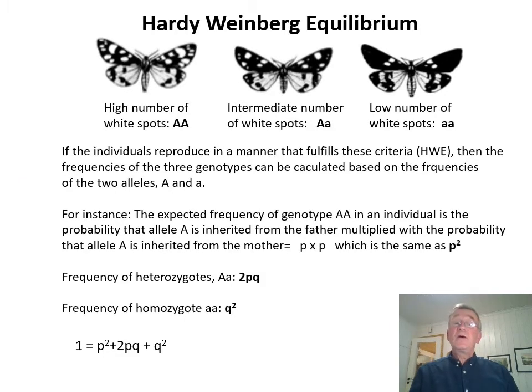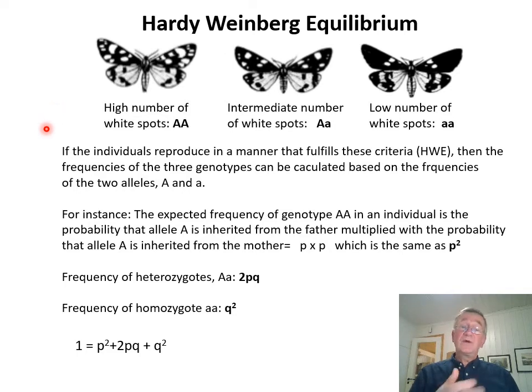Right. Here we will look at an example of tiger moths, where we see that they have different numbers of white spots on their wings. If they are homozygous capital A, they have a high number of white spots. If they are heterozygous, they will have an intermediate number of white spots. And if they are homozygous small a, they have a low number of white spots on their wings.